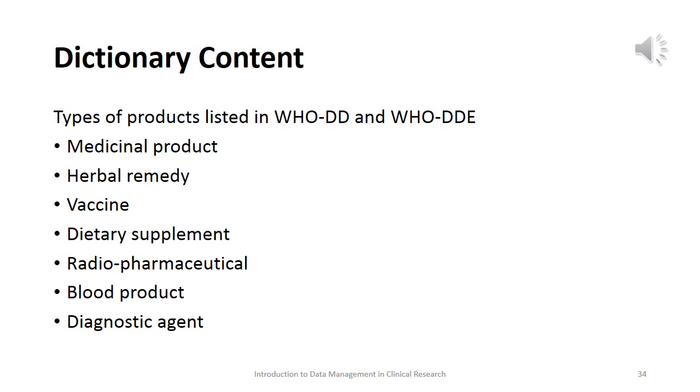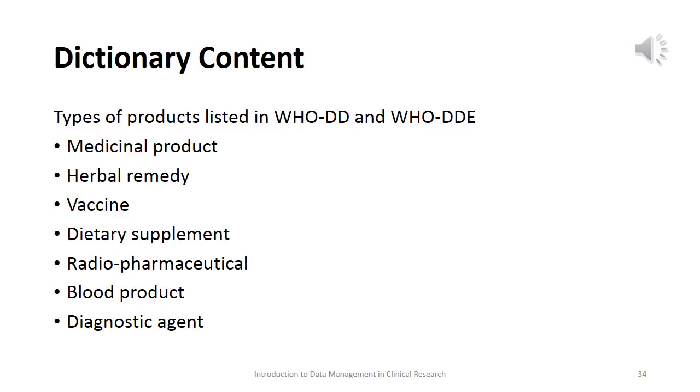So as far as the dictionary content, the types of products that are going to be listed in both the Drug Dictionary and the Drug Dictionary Enhanced are medicinal product information, herbal remedies, vaccines, dietary supplements, radiopharmaceutical products, blood products, and also diagnostic agents.